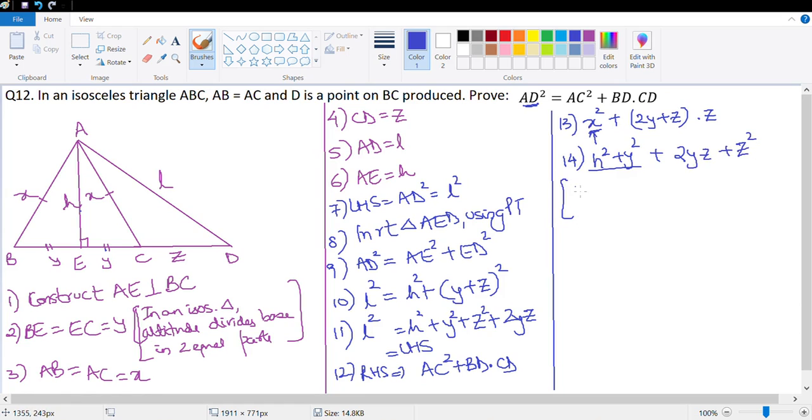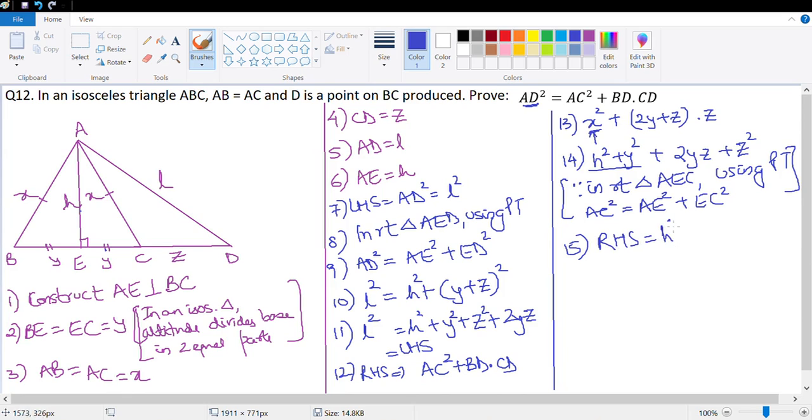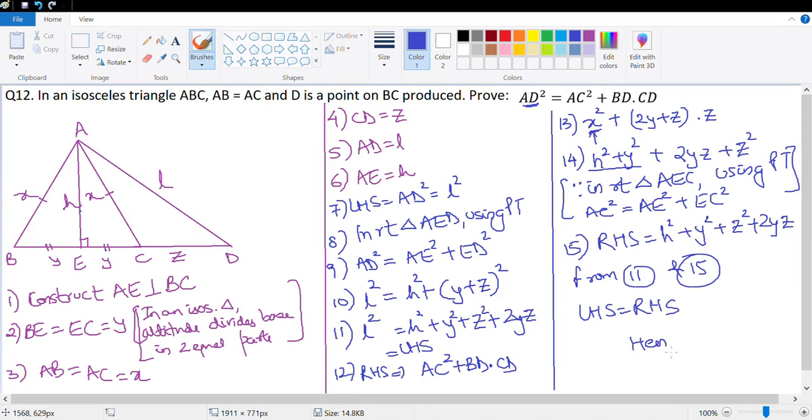The reason for this, since in right triangle AEC, using Pythagoras theorem, I get AC square is equal to AE square plus EC square. So what we have as the right hand side is equal to H square plus Y square plus Z square plus 2 times YZ. So from the two results we get LHS is equal to RHS. So hence proved.